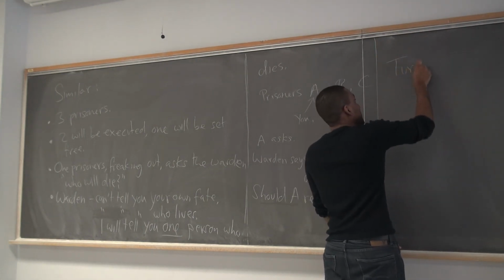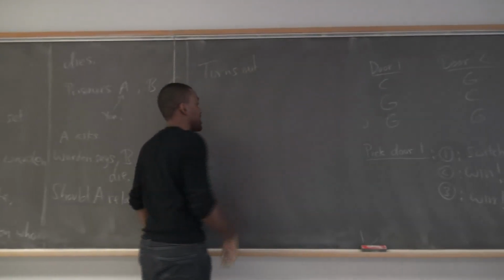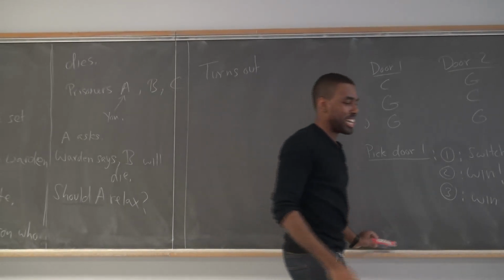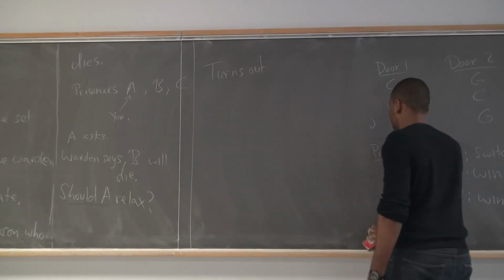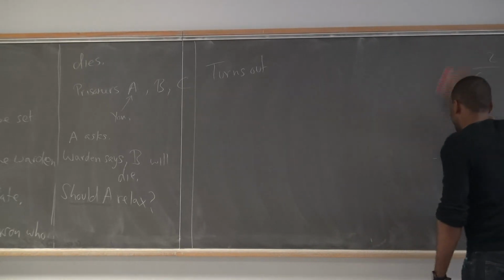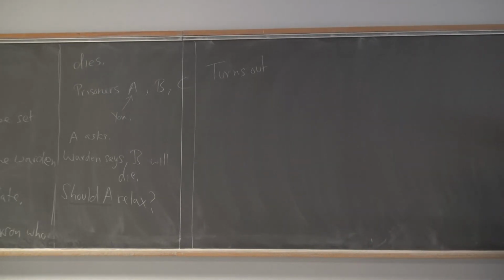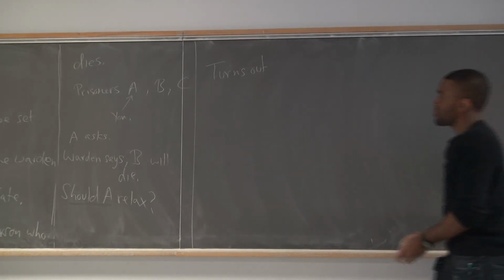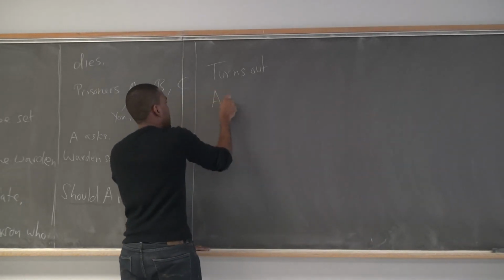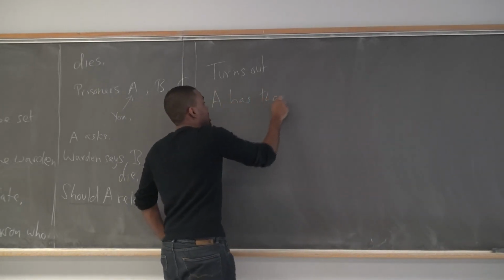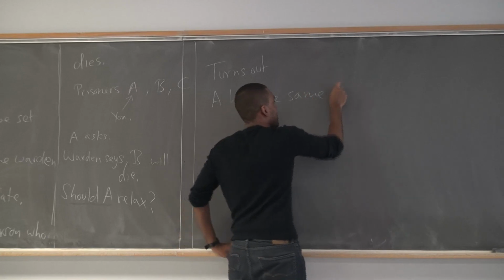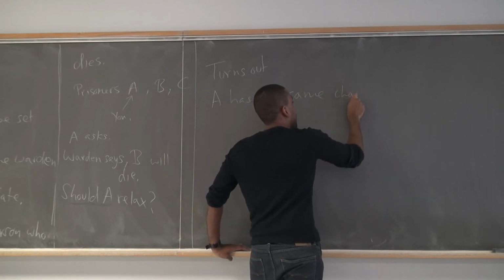It turns out, I'm not going to show you the solution. I'm just going to annoy you guys by telling you the answer, and then you try to figure it out. Turns out, A has the same chance of dying, because he can't switch like the doors.